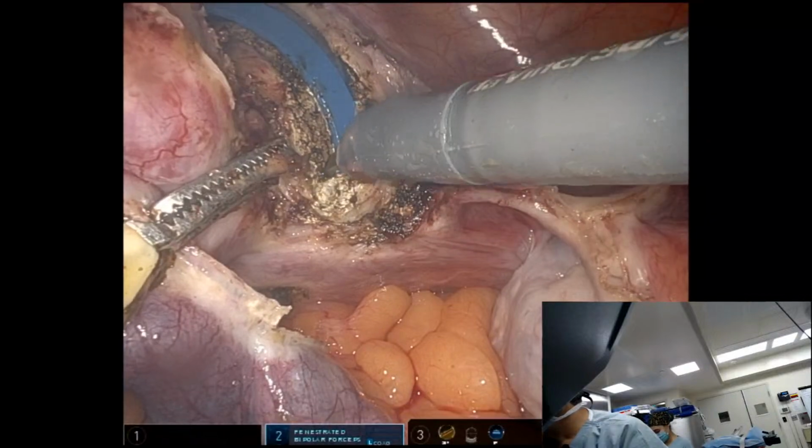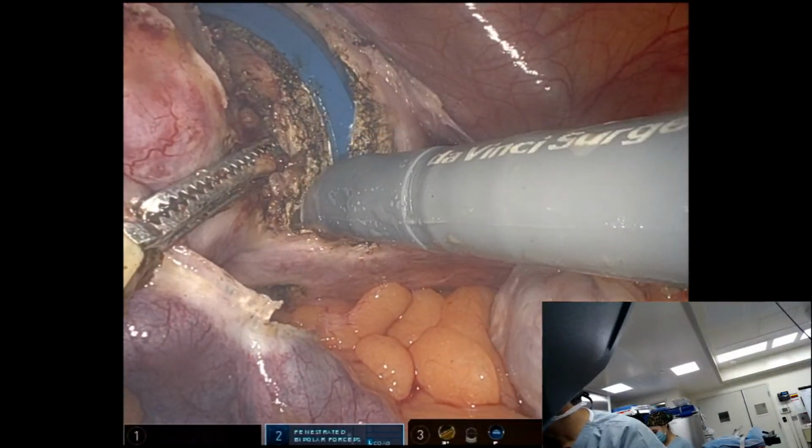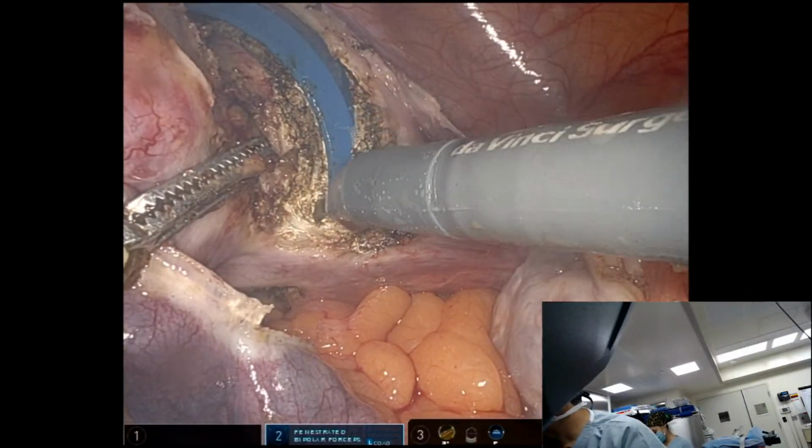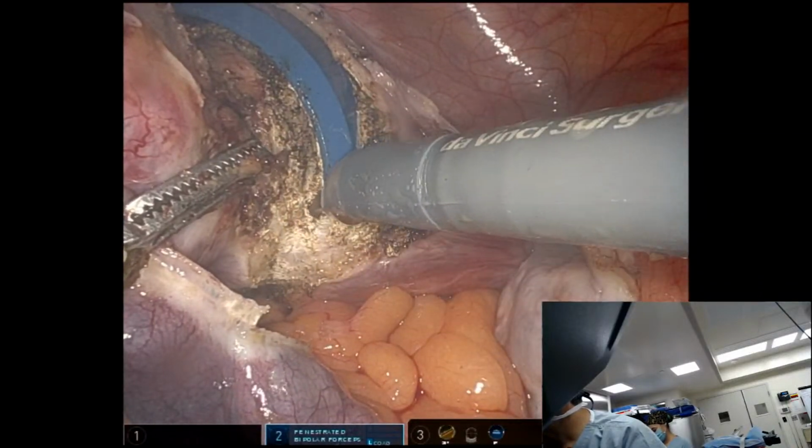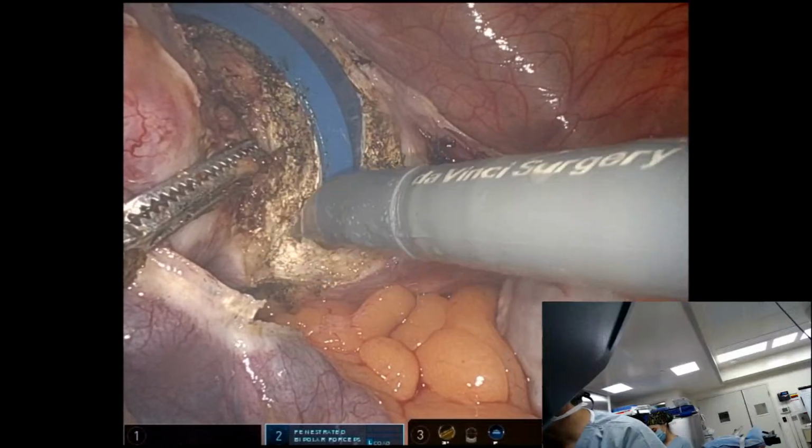Open here, colpotomy, anterior and posterior. Deliver the uterus vaginally. So be careful here in the back of the uterus with a valve.